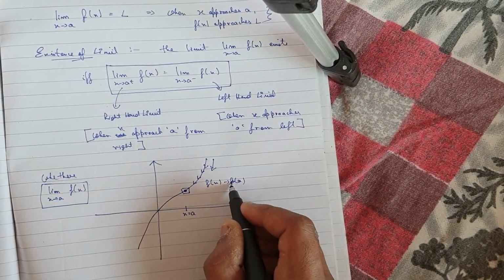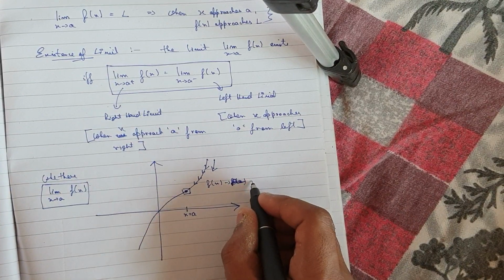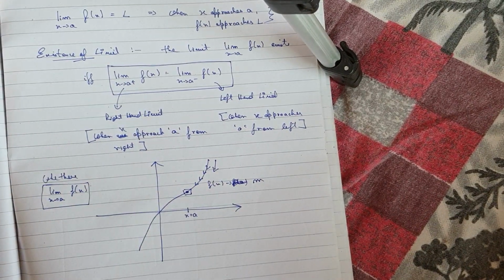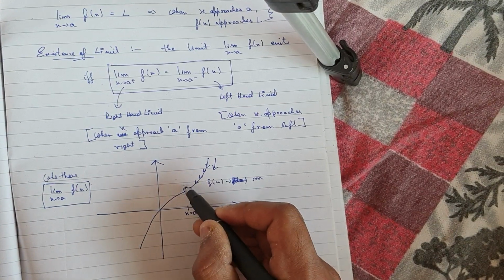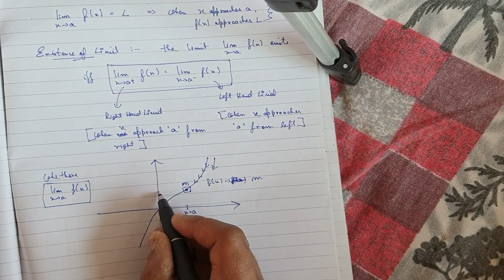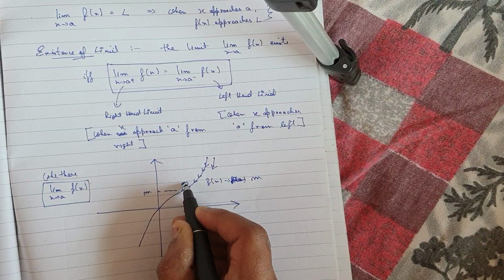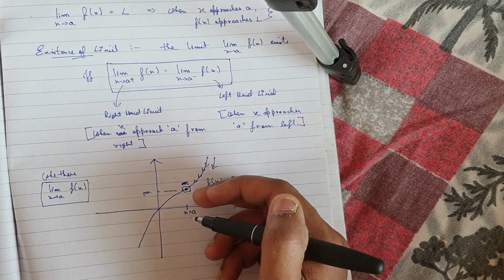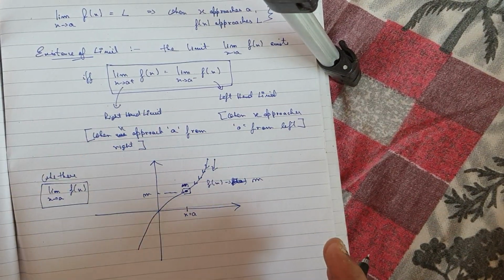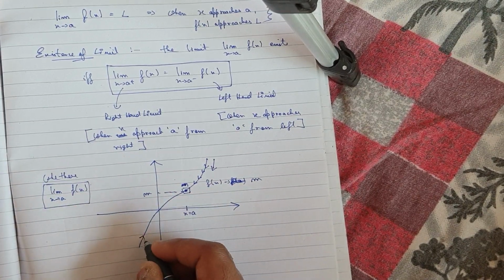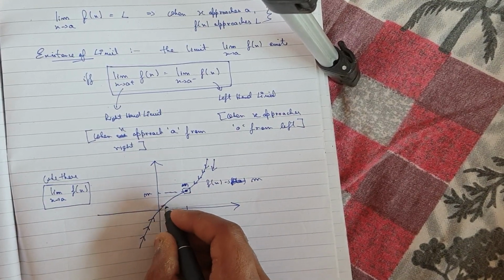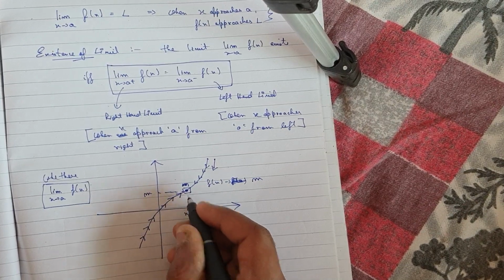Or let this not be f(a), let this be some m, generally speaking. So this point is m. As we approach x equal to a from the right, f(x) is approaching m. Now when we approach from the left of a, f(x) is again approaching m.